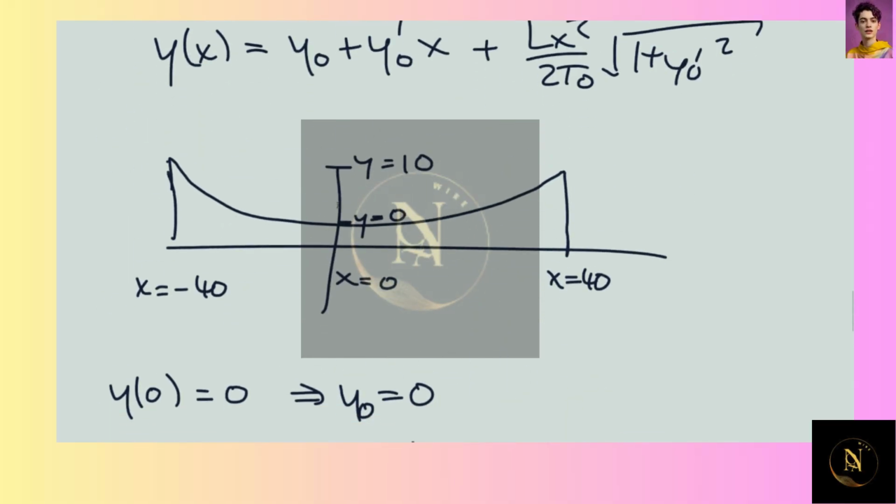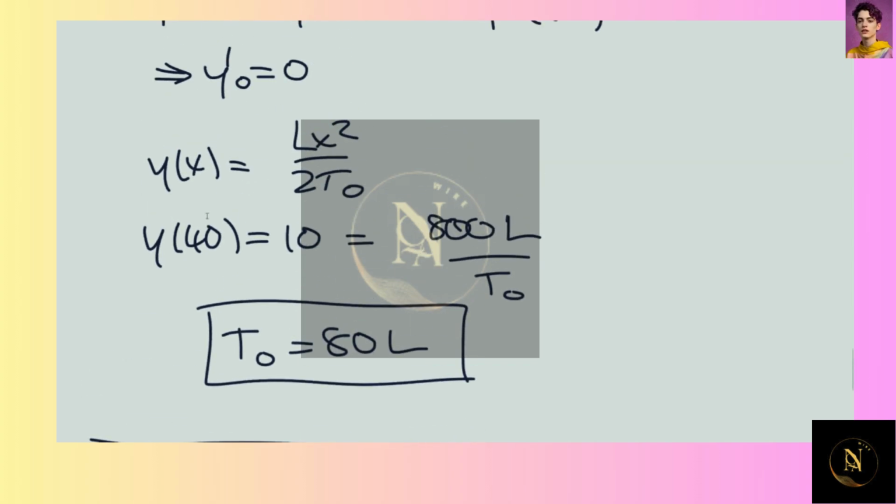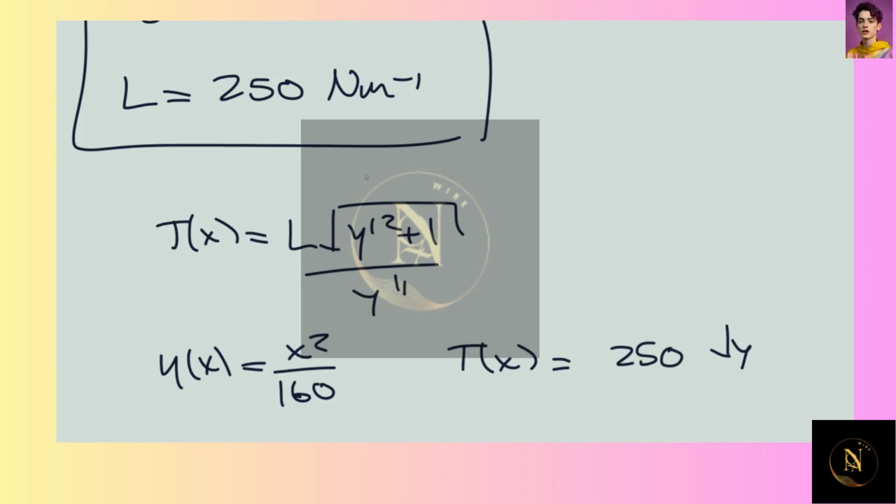So L over 2t naught is L over 160 L. So this is 1 over 160. So y of x is going to be x squared over 160. And this is telling us that T of x is 250 root y dash squared plus 1 over y double dash.